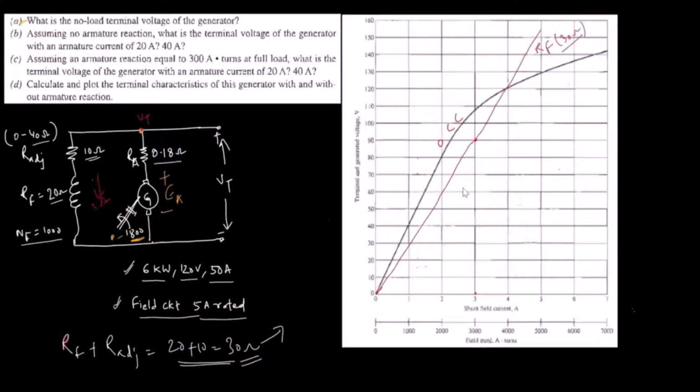Once you find this RF line, the intersection point of these two graphs, the OCC and the RF line, is the no load point. No load voltage is 120 volts according to this graph.